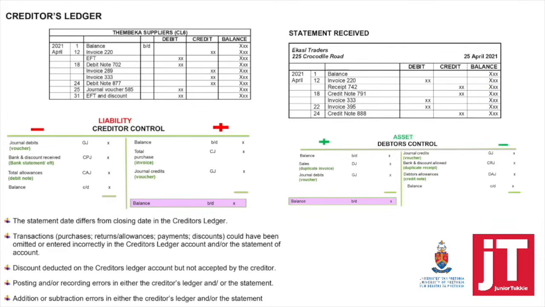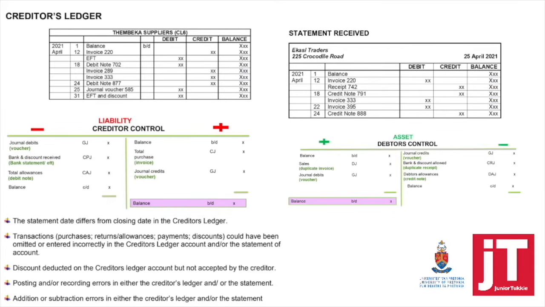Transactions could have been omitted or entered incorrectly in the creditor's ledger account or on the statement. Discount deducted on the creditor's ledger account but not accepted by the creditor. Posting and or recording errors in either the creditor's ledger or on the statement. Addition or subtraction errors in either the creditor's ledger or on the statement.